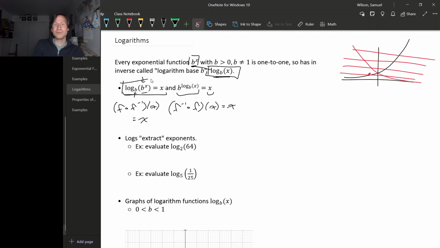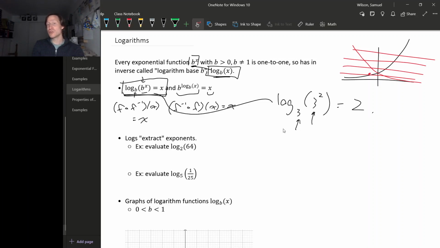If we had, say, log base 3 of 3 squared, because the base inside and the base of the logarithm outside match, this just extracts that exponent. So this is one good interpretation for what logarithms are doing. They just extract the exponent that would be up here if your base matches the base of the logarithm.